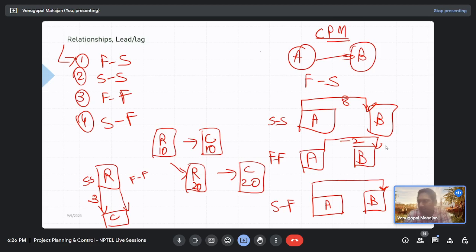It is named the Great Negative Lag Debate. I will leave it for you guys to Google it. Okay, so now this is the overview of these 4 relationships. Any queries, any questions? Yeah, so what we will do is we will solve tiny numericals on each of these relationships and then move on to the bigger one.